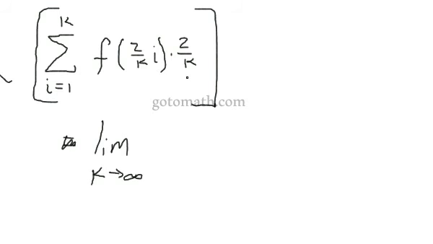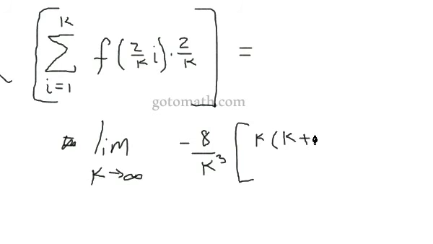So I'm going to go ahead and write out what this is equal to here. You need to try to work this out and get the same thing that I get. So this should be negative 8 over k raised to the third power, and then k times k plus 1 times 2k plus 1, all over 6.